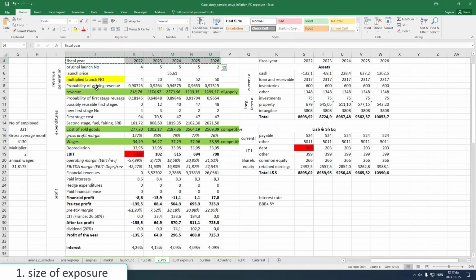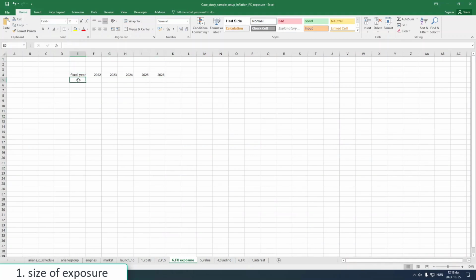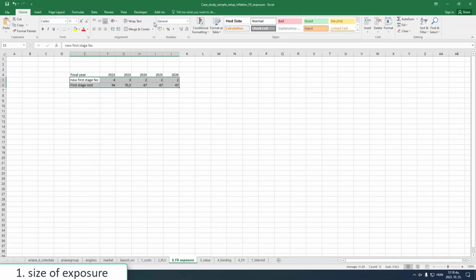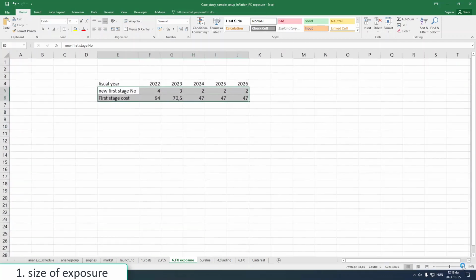Okay, then next thing, launch number doesn't matter, launch price, okay, and so on. So first stage numbers, first stage costs. Let's paste all the numbers. I don't want to refer it back to anywhere.